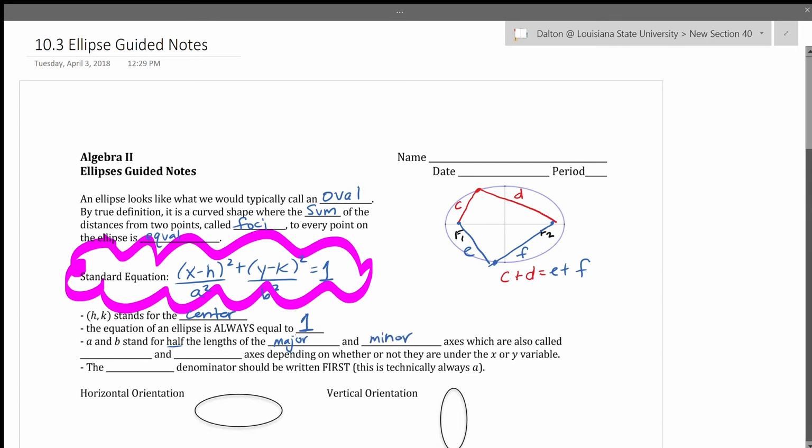And major and minor axes are exactly what they sound like. The major one is the big one, the minor one is the smaller one. They are also called the horizontal and vertical axes, depending on whether or not they are under the x or the y variable.